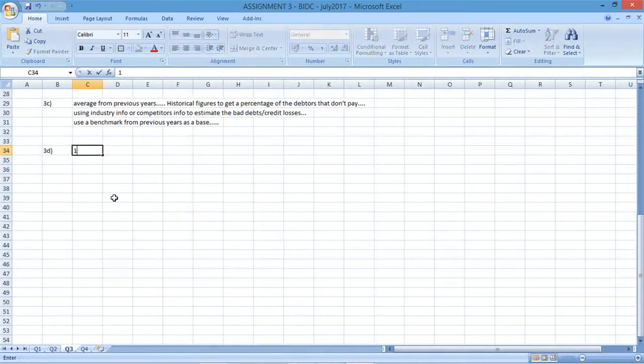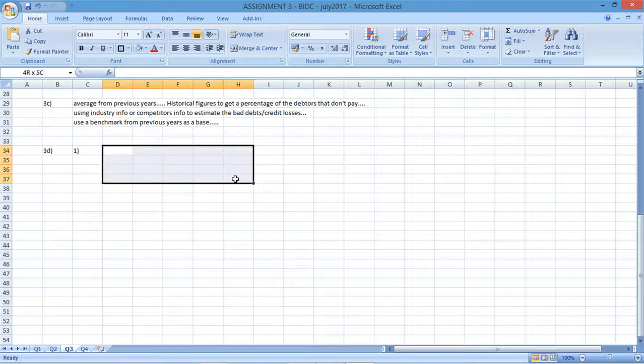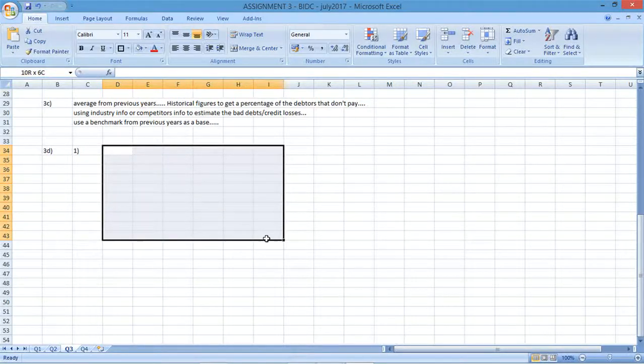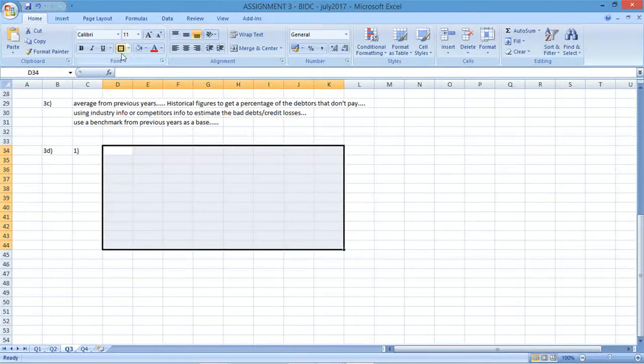So when looking at part 1, I'm required to draw up a T account. How many? Show the bad debts and the provision for doubtful debts accounts in Mary's ledger. Perfect. So we've got 2 to draw up.